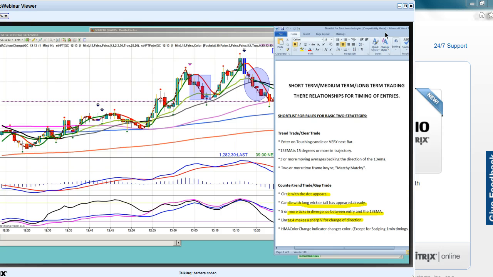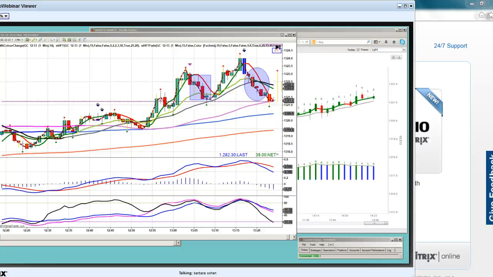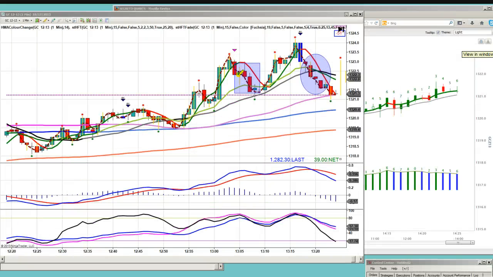So if you follow your Hull moving average, which is the green line that hugs the price, that changes from green to red, when that changes color, along with your gap trade criteria, so along with your arrow, your asterisk, your LinReg 4 giving you a sharp V, the long tail or wick, and now you add the color change, now it starts to make these opportunities stand out, as opposed to the brief changes.